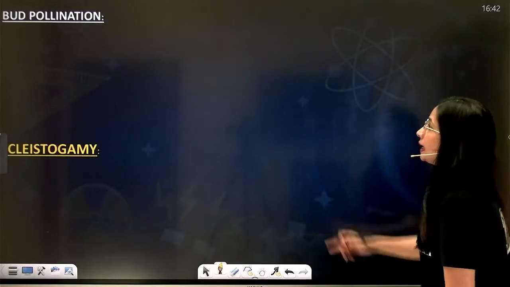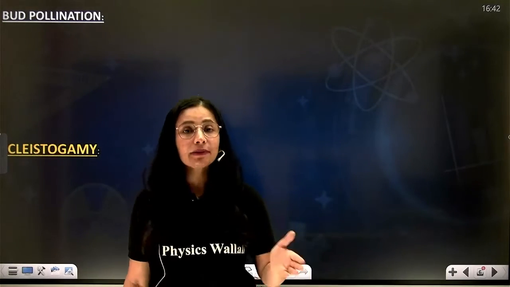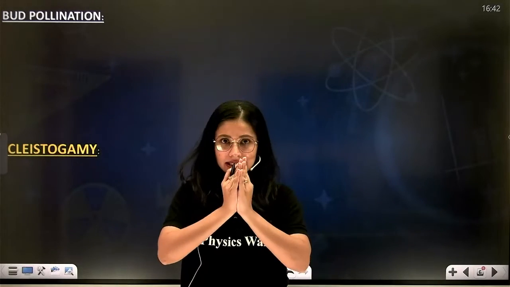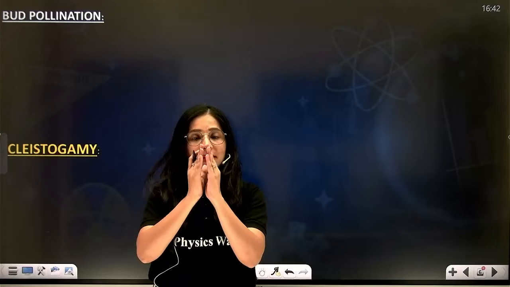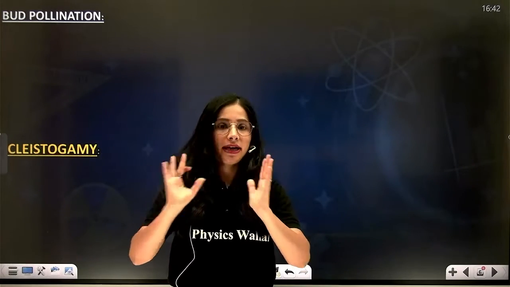Moving ahead, the third important contrivance, a device that promotes self-pollination, is bud pollination. Bud pollination is exhibited in pea, in Arachis, that is groundnut, and rice. Now, what is bud pollination, beta? Sometimes when the flower is present in its bud stage, kali, that means young flower, the flower is yet not open and still pollination occurs. It is bisexual.